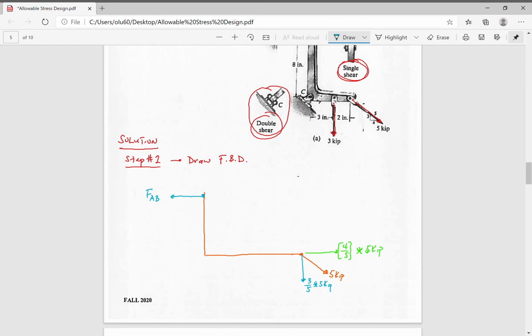Okay. And we have a pin that is experiencing two reactions. And then we have another load here. And then we can draw the span. This is 3 inches, this is 2 inches.